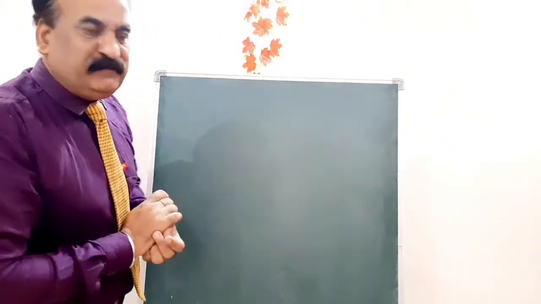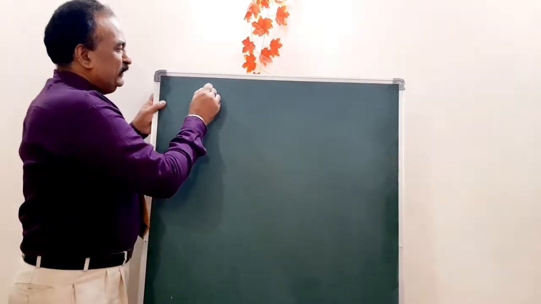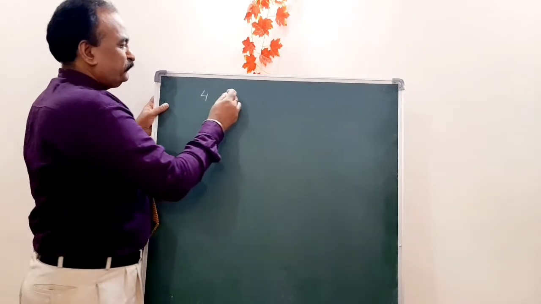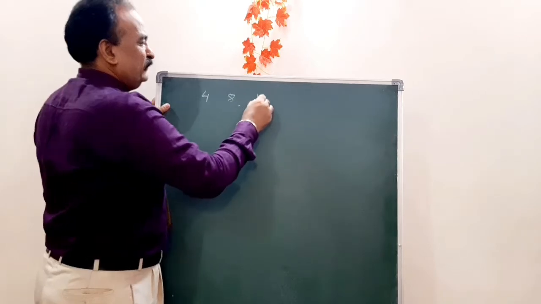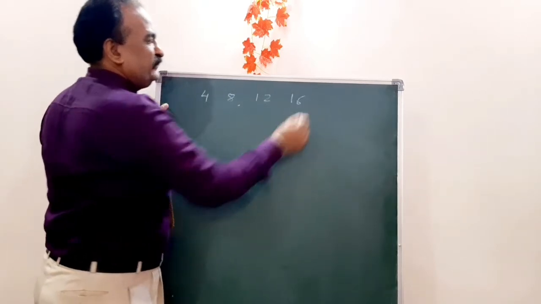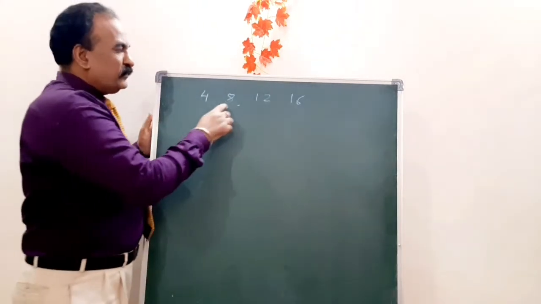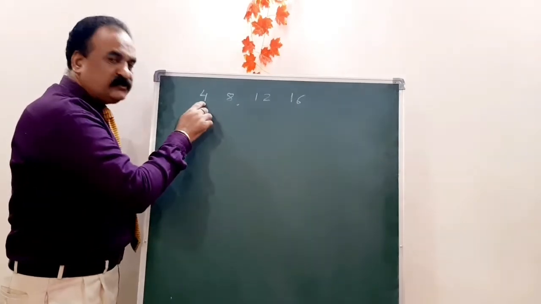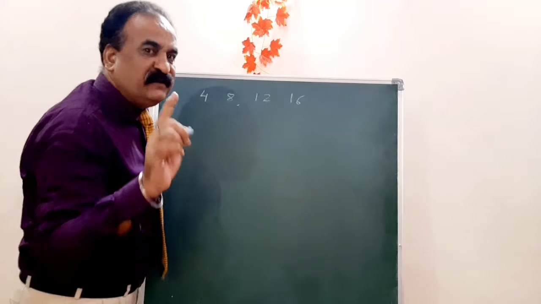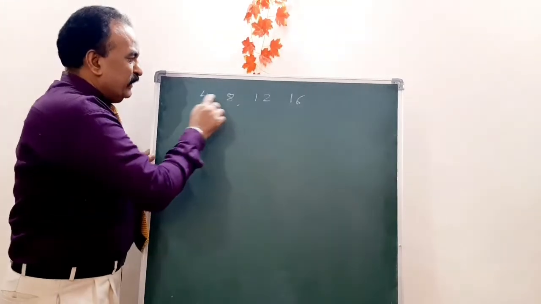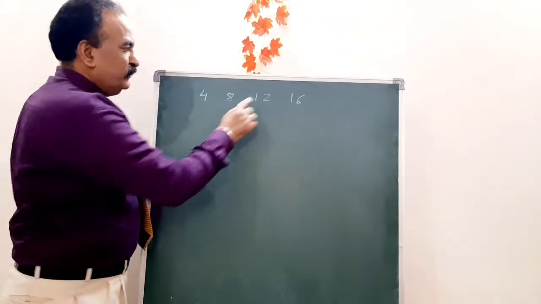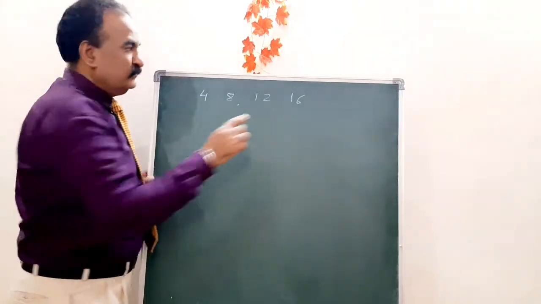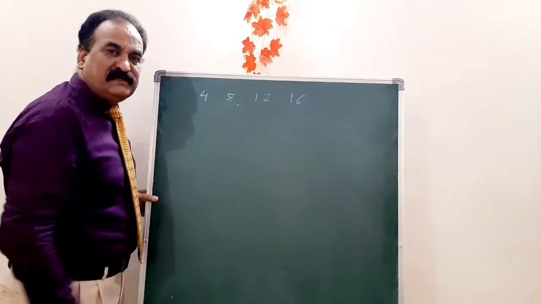See, what is AP first? If I am writing here 4, 8, 12, 16, this 4 is called the first term. 8 minus 4 is 4, 12 minus 8 is 4, 16 minus 12 is 4.